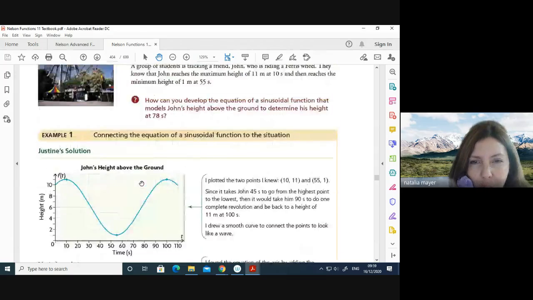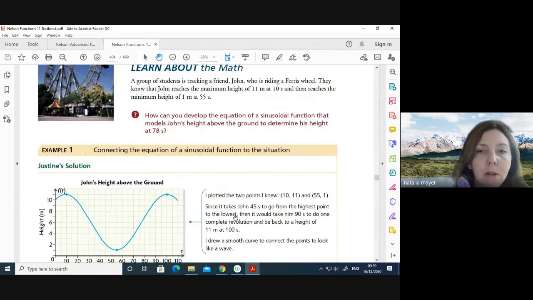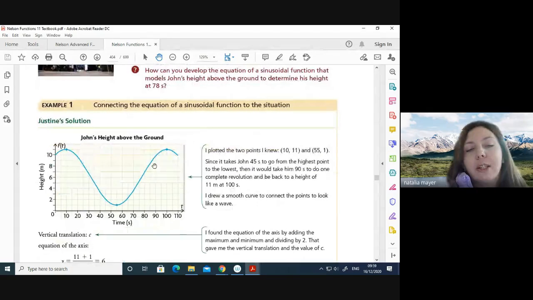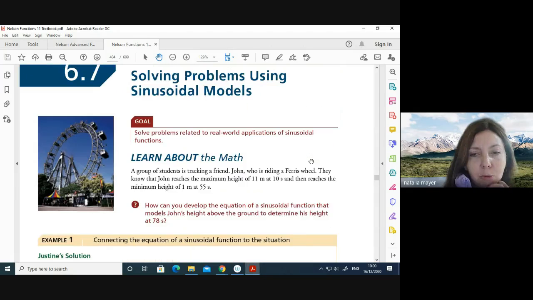Now, the question here is, how can we develop the equation, right? Actually sketching is always helpful, because when you sketch, it helps you think about the equation in an easier way. So this information, the maximum point and the minimum point, have been plotted on the coordinate plane.